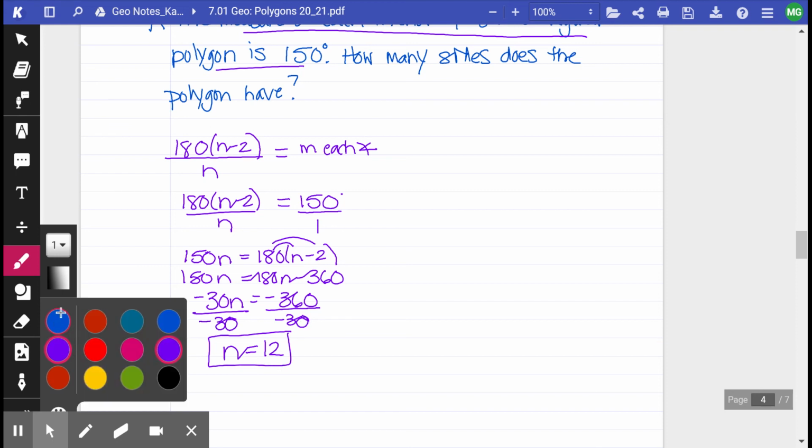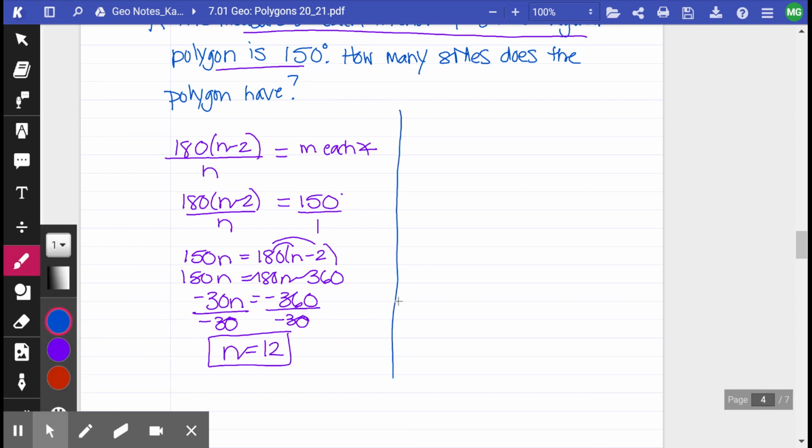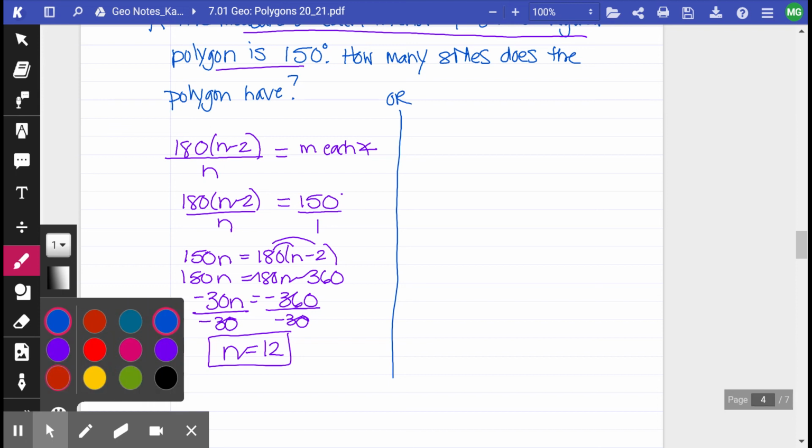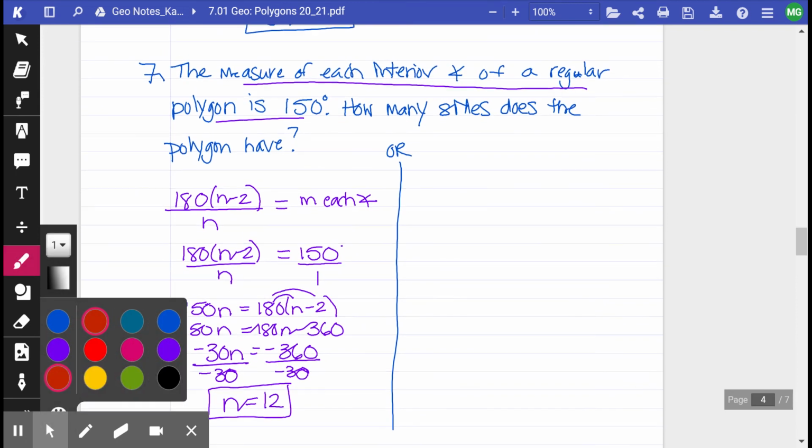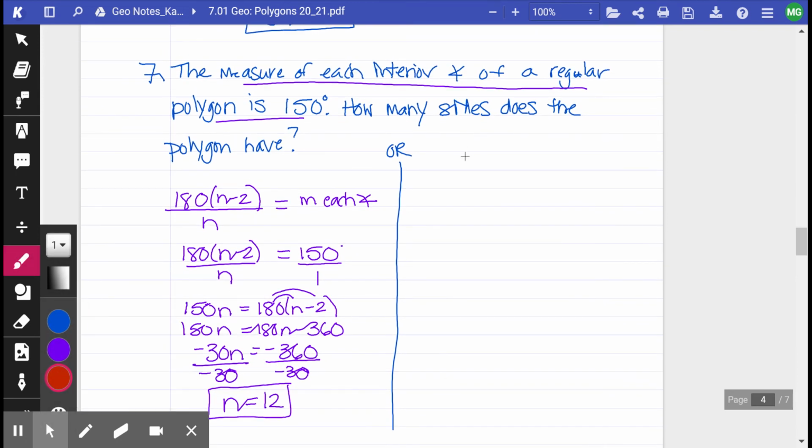Now here's another way that's a little bit shorter of how you could do it. You could also have said, all right, well, if I know each interior angle is 150, I know that when I have a polygon, I'll show you a triangle just to give you a visual here. If I know one of these interior angles, then the exterior angle is right next to it.